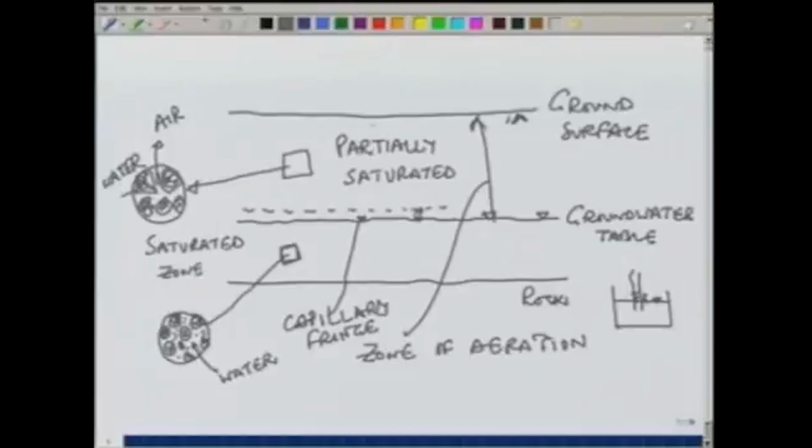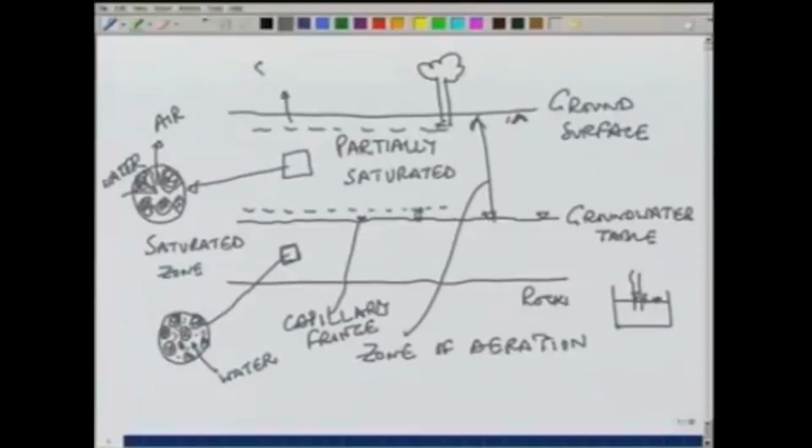If we go and look near the ground surface, there would be a zone just below the ground surface from which the plants can take water, and this is known as the soil water zone. The roots of the plants, they can take water from this zone, and this goes back into the atmosphere through transpiration.